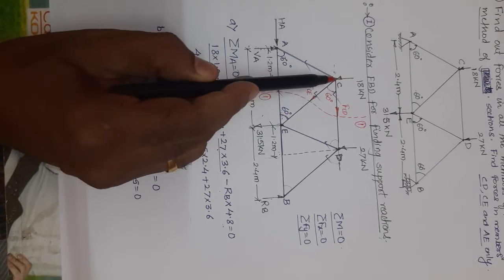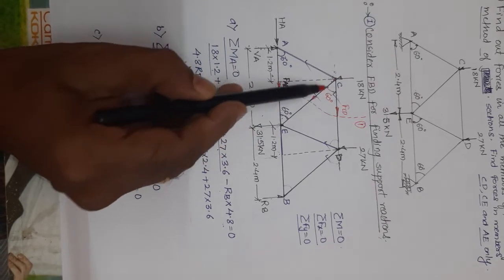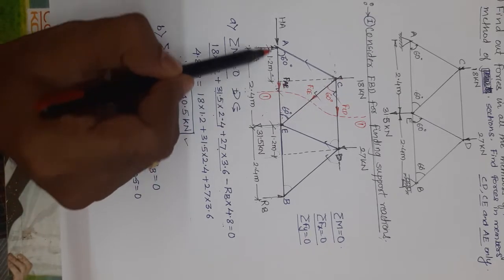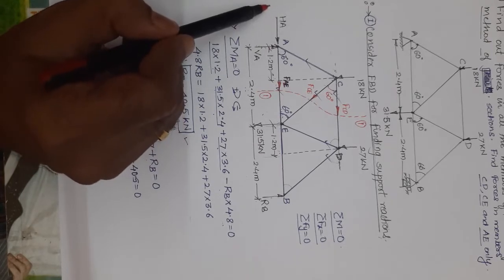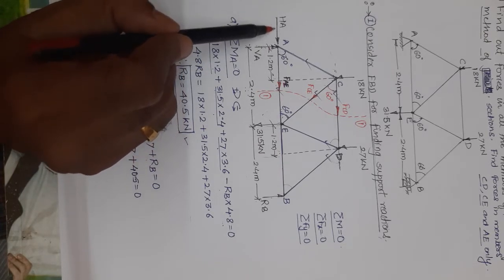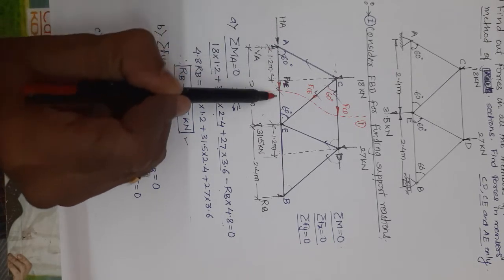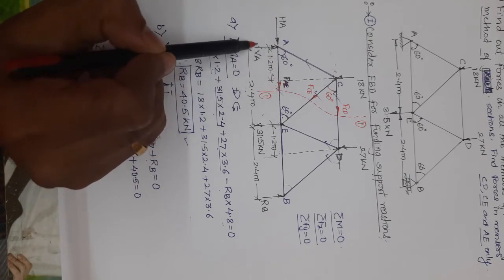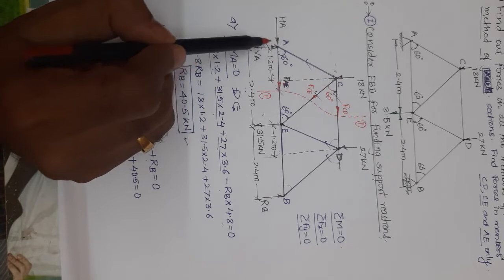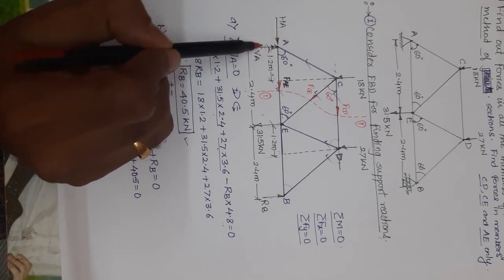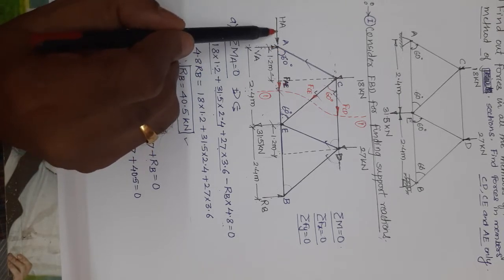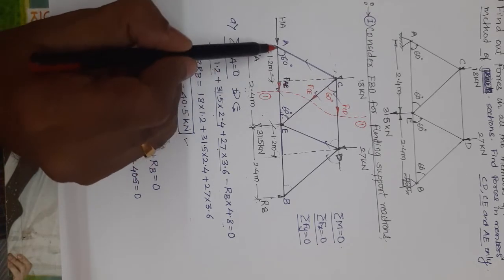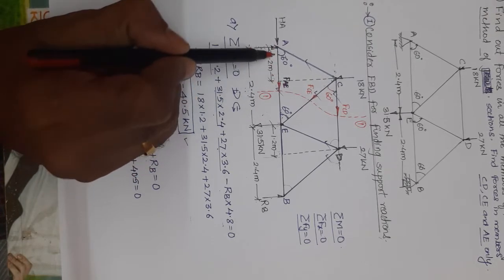So FCD will be 0, FCE will be 0. Now we have to consider only the left side portion over here. HA will come into the calculation, VA also will be there, and also FAE. But HA is 0, so there is no question of HA.